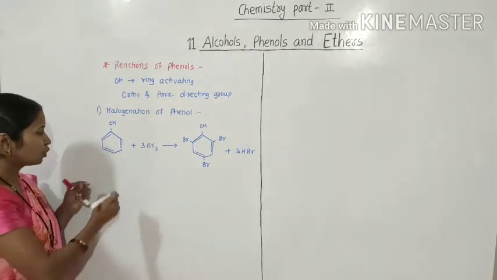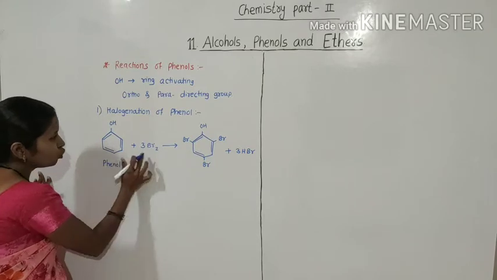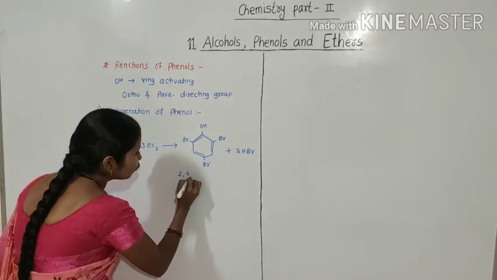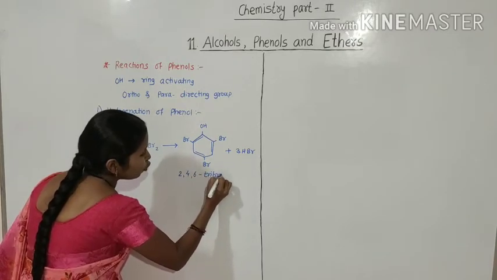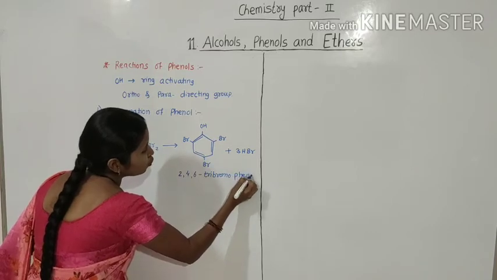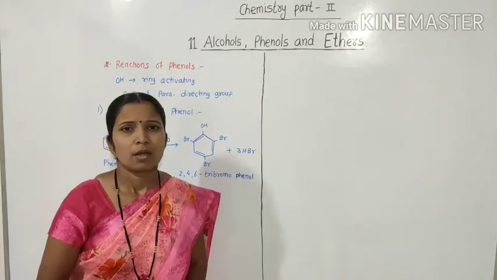Phenol reacts with aqueous solution of bromine to form 2,4,6-tribromophenol.